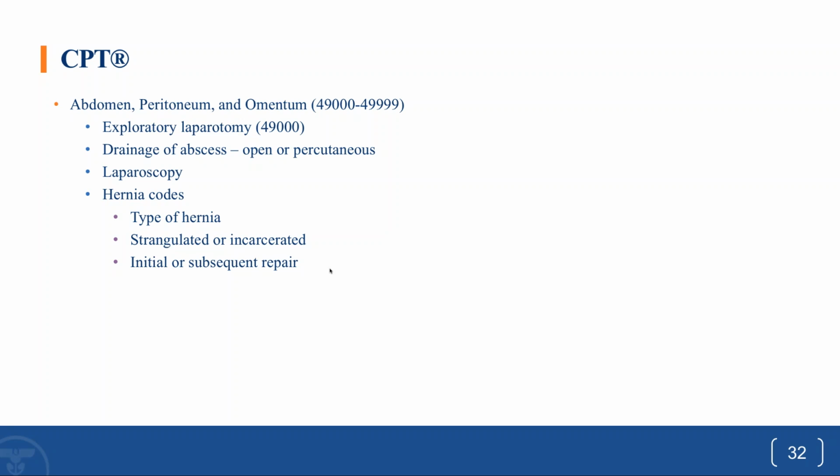With the digestive system, remember you have to ask yourself, is this open or is it laparoscopic? You can see on page 307, these are all cholecystectomy procedures. You can see the laparoscopic side, 47562, for cholecystectomy. And if it's open, you're going to go on the excision side, 47600, open.